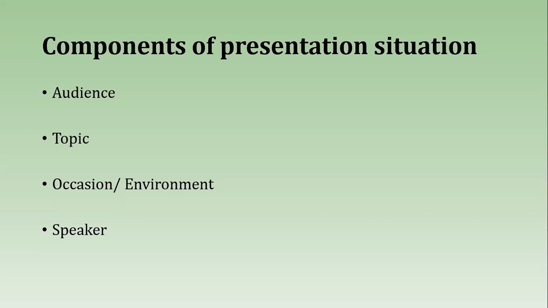The speaker is the most important because he is the one going to hold everything. He is going to deliver. So based on his delivery, only then will the audience and topic be perfect, right? He is going to deliver everything, and he is going to manage the whole environment of the presentation. So this is the whole presentation situation, the components, right?